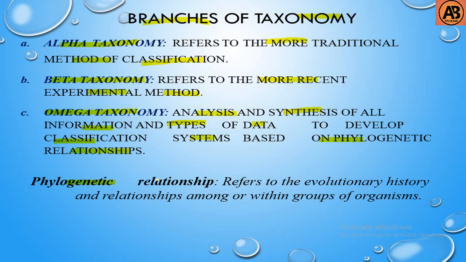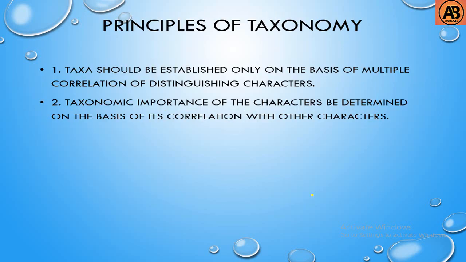So what is phylogenetic relationships? It refers to the evolutionary history and relationships among or within groups of organisms. So these are the branches of taxonomy.